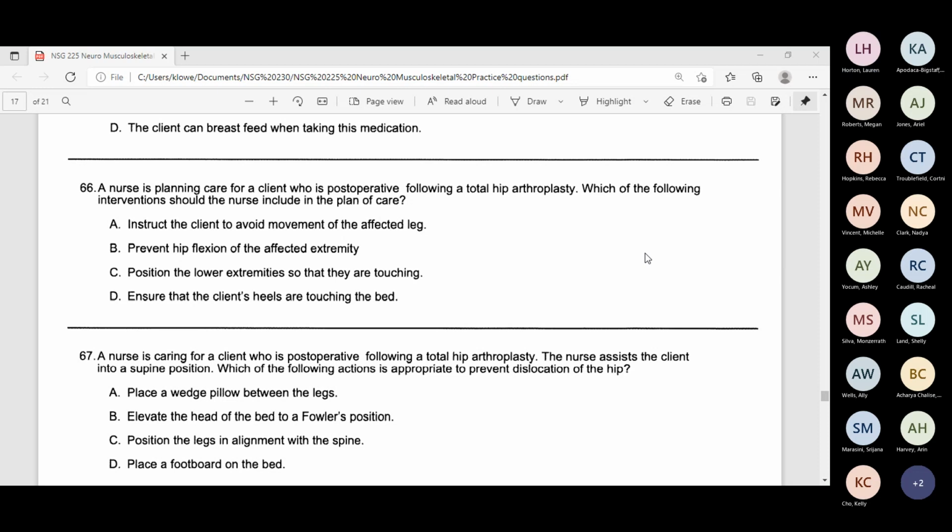With a total hip, if they have the leg abducted, kind of frog-legged out, that can cause that hip to come out. They will many times put an abductor pillow, like a triangle pillow, between their legs and strap it to their legs to keep their legs from frogging out. So we want to prevent that hip flexion of that affected extremity.